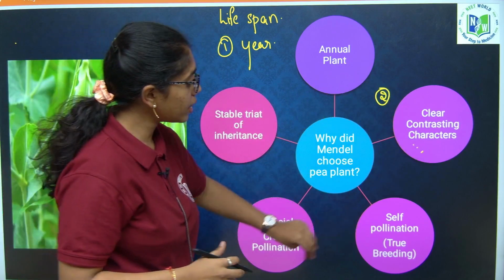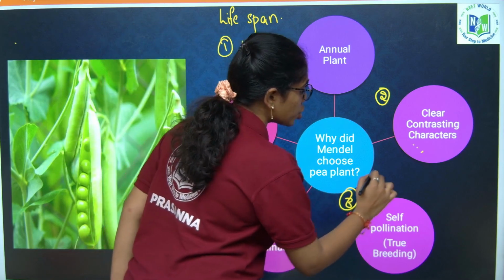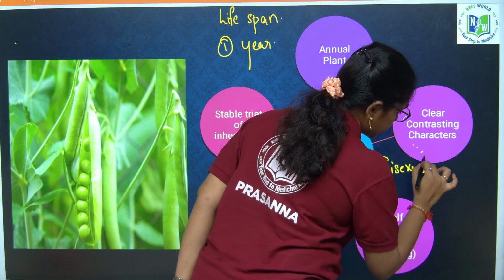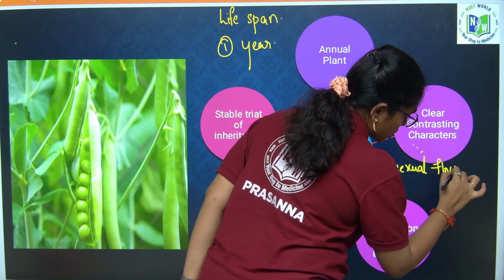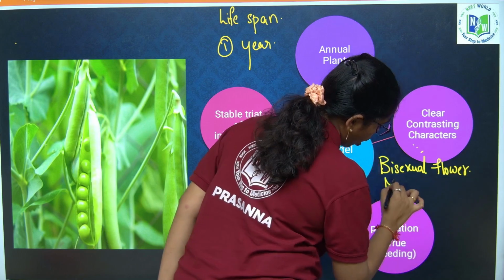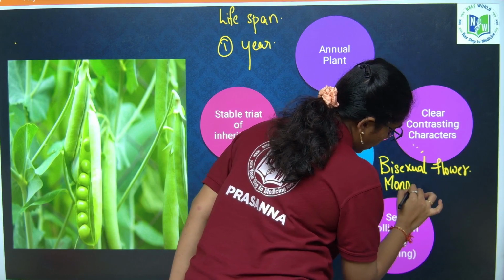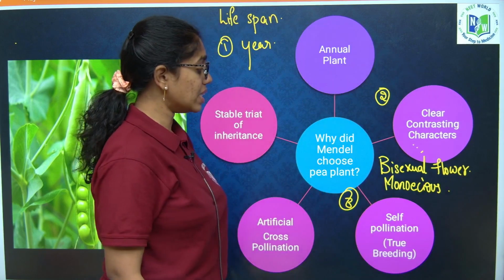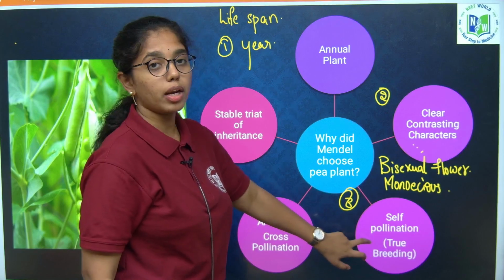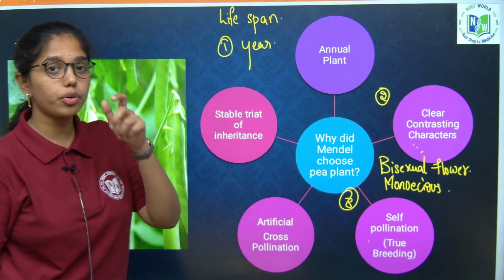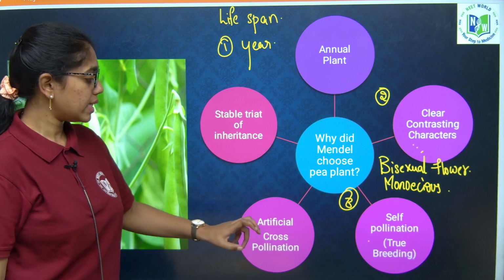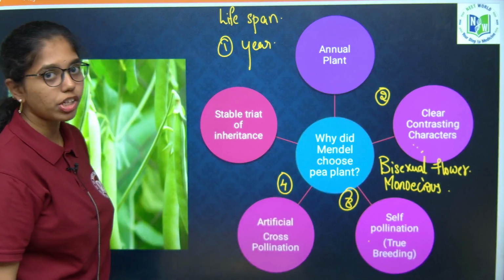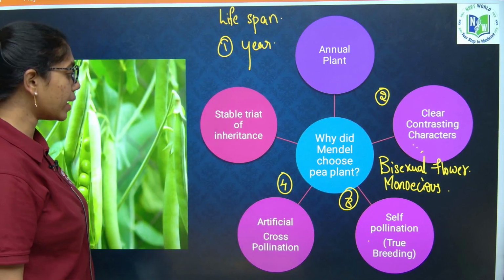The third thing is they are bisexual flowers, bisexual or monoecious, where it conducts self-pollination so that pure lines or true breeding lines can be seen, and we can easily conduct artificial cross-pollination.